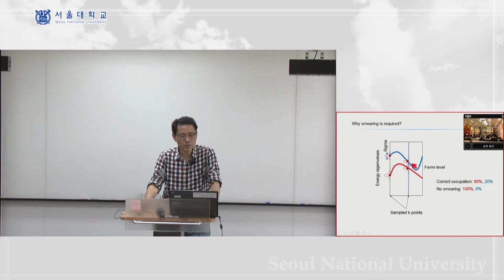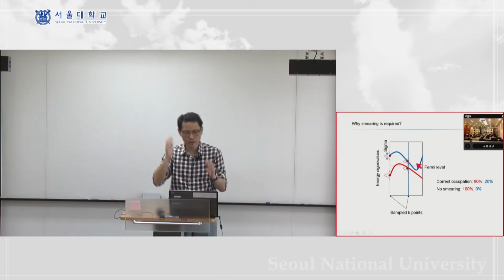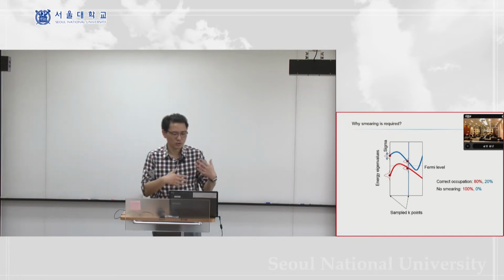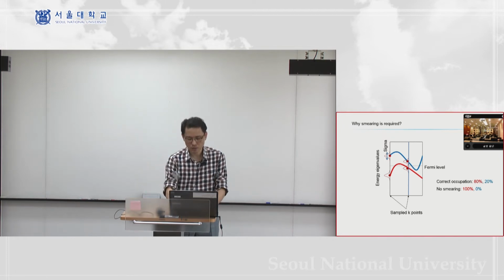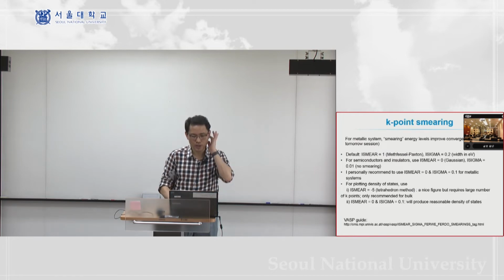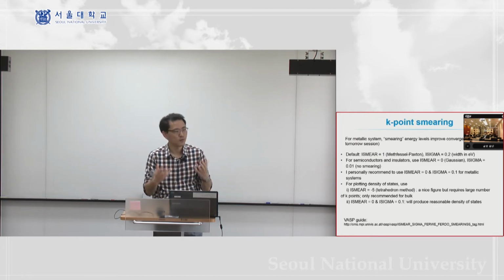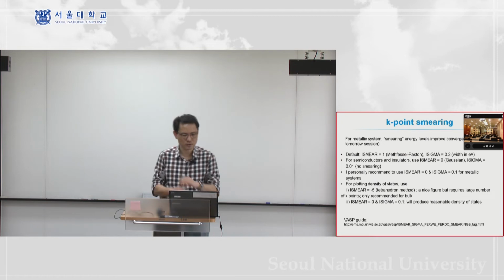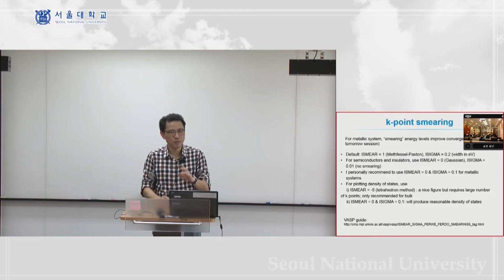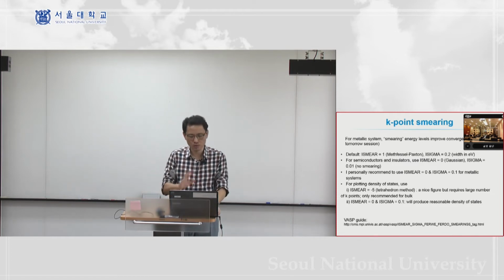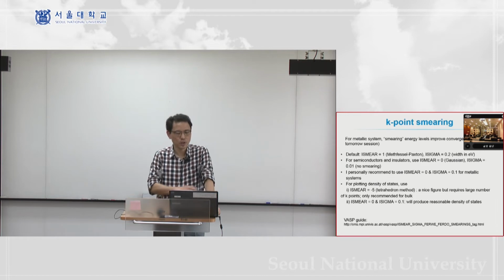In this way you are considering the band dispersion. So it is always better to have a certain amount of smearing for finite K-point sampling. Of course, the most accurate data is given by an extremely large K-point set and no smearing, but this is not computationally feasible, and therefore we always use both K-point sampling and smearing.